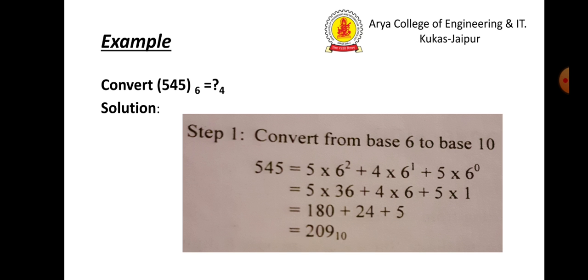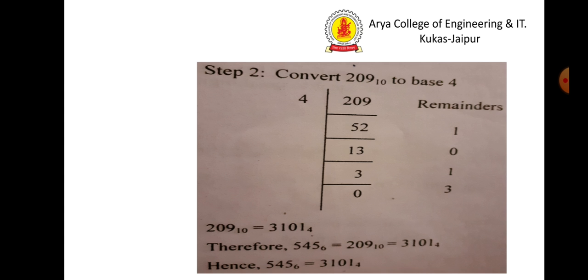Now we obtain 209 base 10 in step 1, and we convert 209 to base 4. Here we divide by base 4, get the remainders, and read them in reverse order. So 545 base 6 is equal to 3101 base 4.